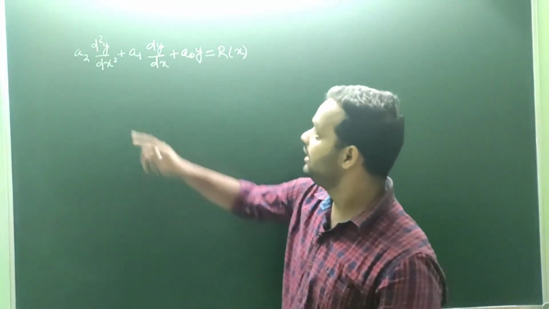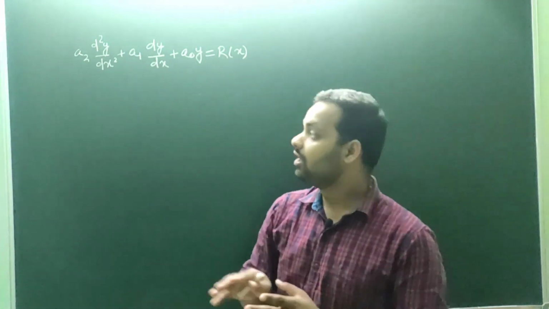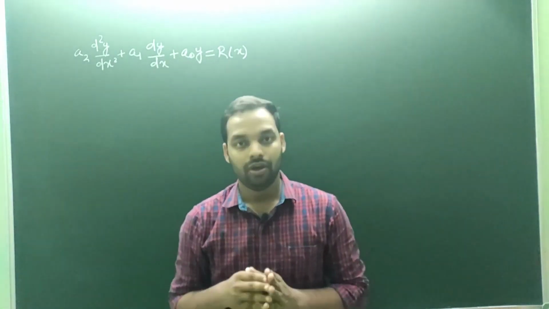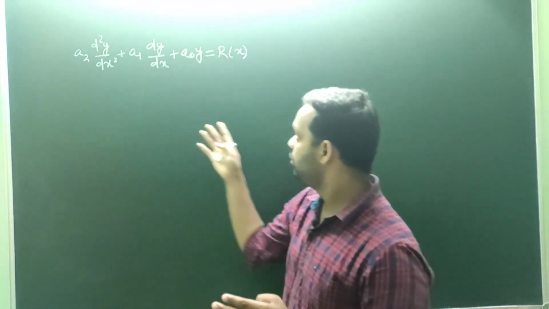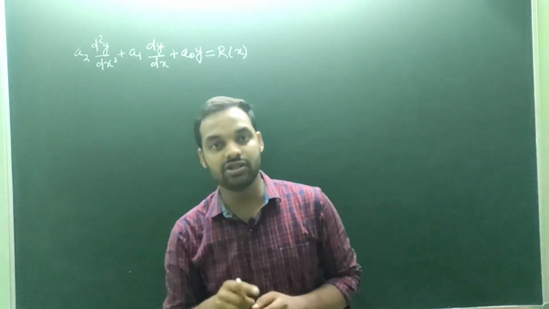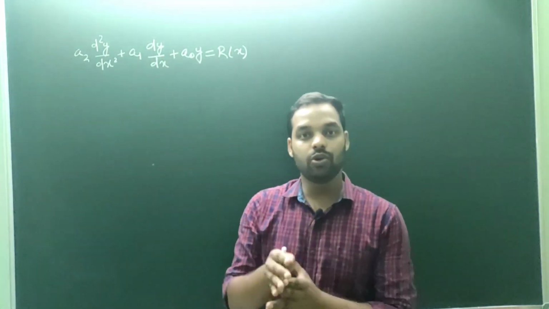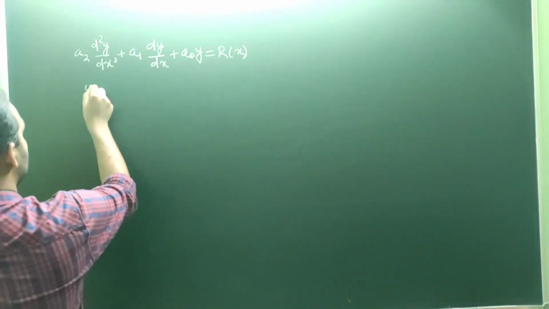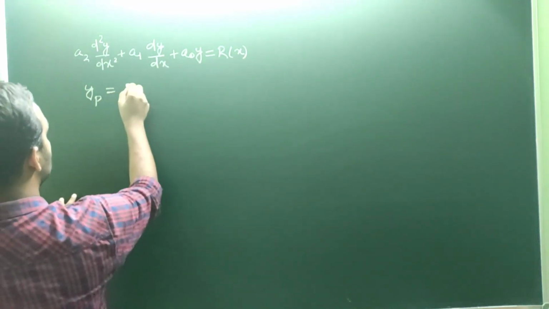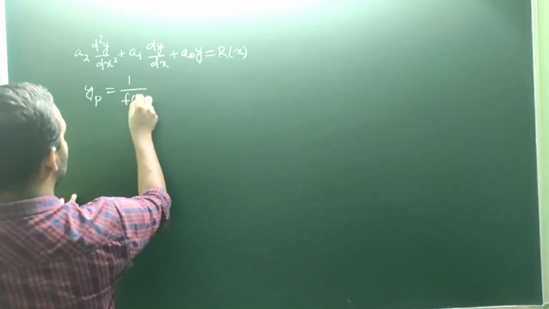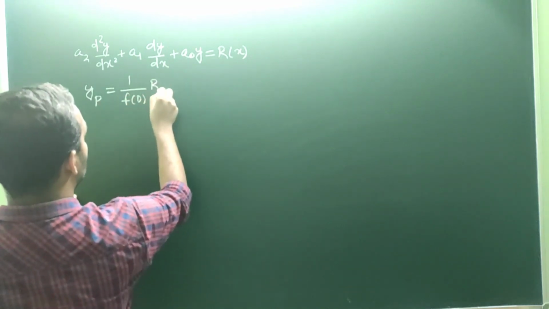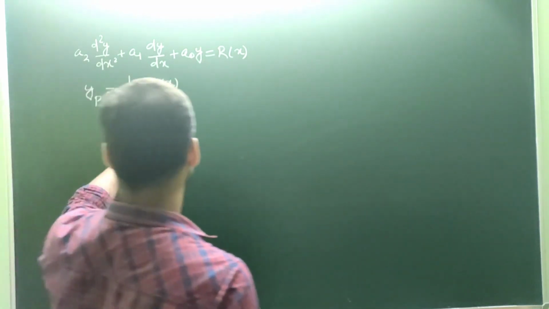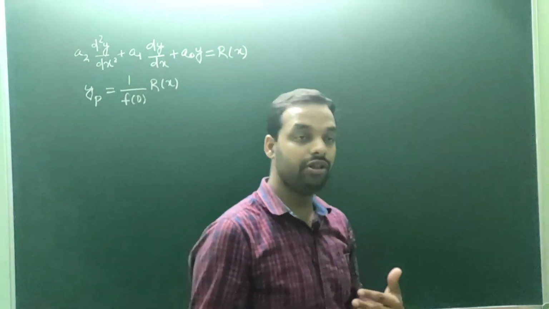So here we take d by dx as capital D, and d square by dx square becomes capital D square, right? And then we take this function of D to the RHS and write it down as y particular integral is equal to 1 by f of D into r of x. Yp is equal to 1 by f of D r of x. And for different r of x, I have told you how to proceed in the problem.